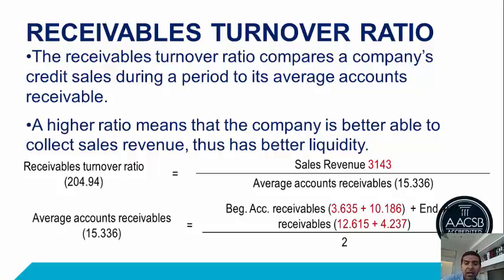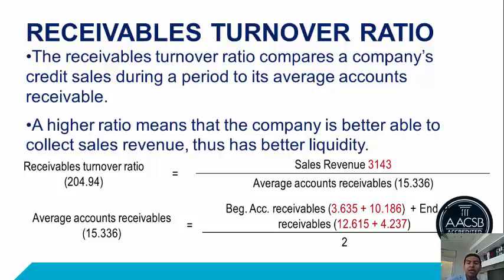It's the beginning accounts receivable at the start of the year, the prior year's accounts receivable, plus the ending accounts receivable, divided by 2. Now, please understand that average accounts receivables are only used because we want to reduce the volatility of the ratio.